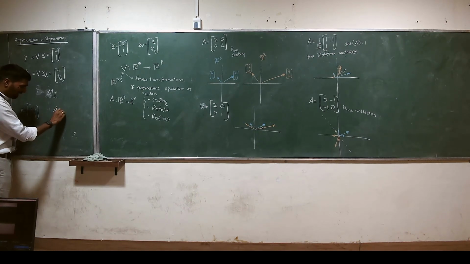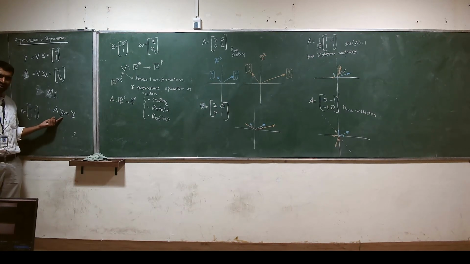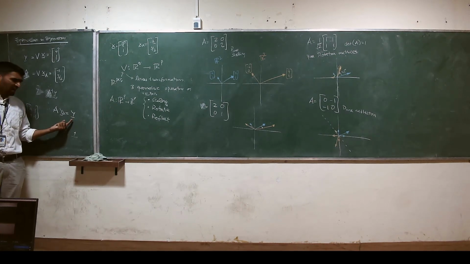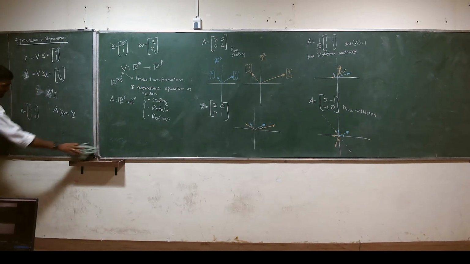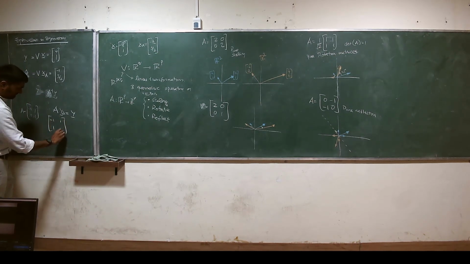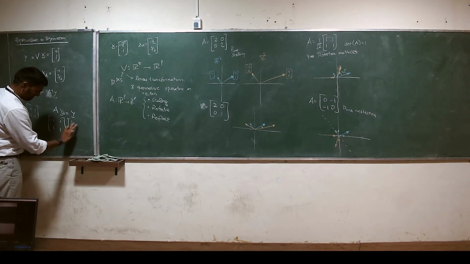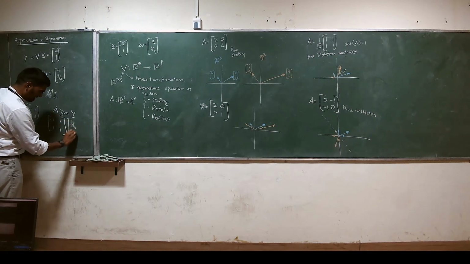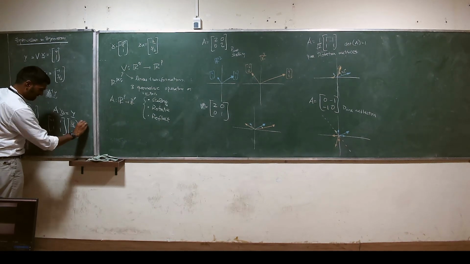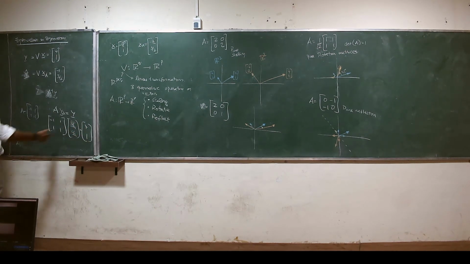We want to find Y_A. Y_A multiplied by A will give me Y. I know Y, I know A. I'll call this Y_A1, Y_A2 is 4, 1. Can you please solve this? This is easy to solve, I suppose.